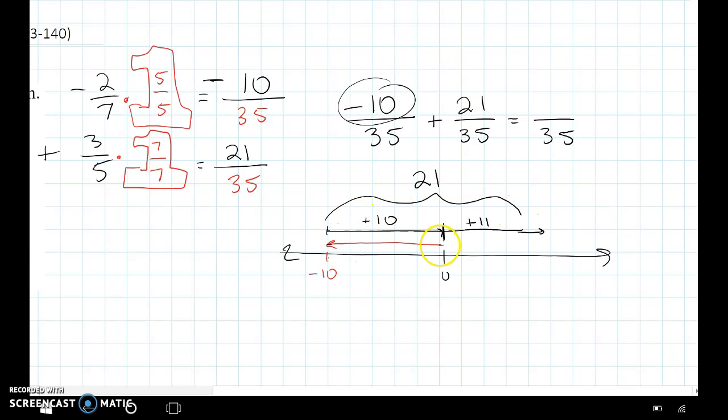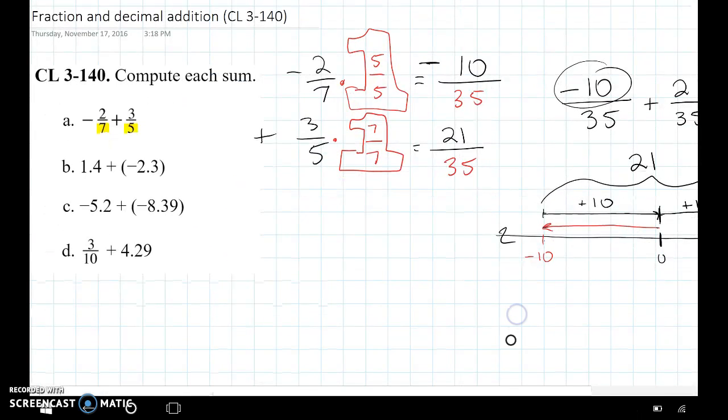I said it would take him 10 to get back to 0, and then 11 more would get him to 11. So where is he? He is at 11 35ths. So that first answer here is 11 35ths.